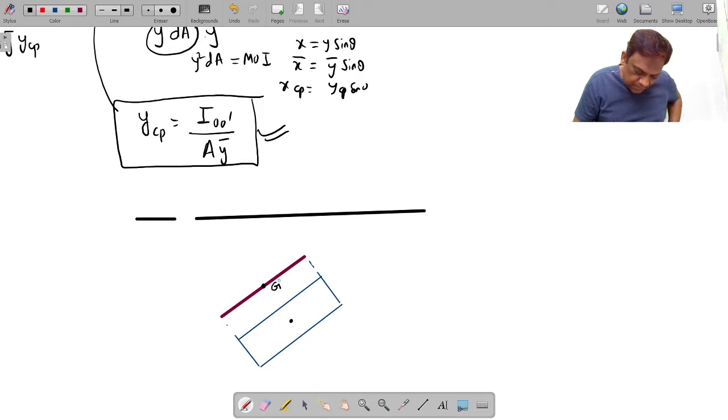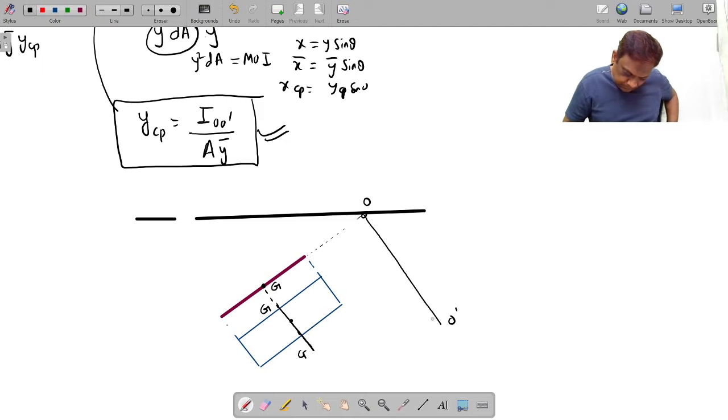Let this be the center of gravity. Can I write this as y bar?